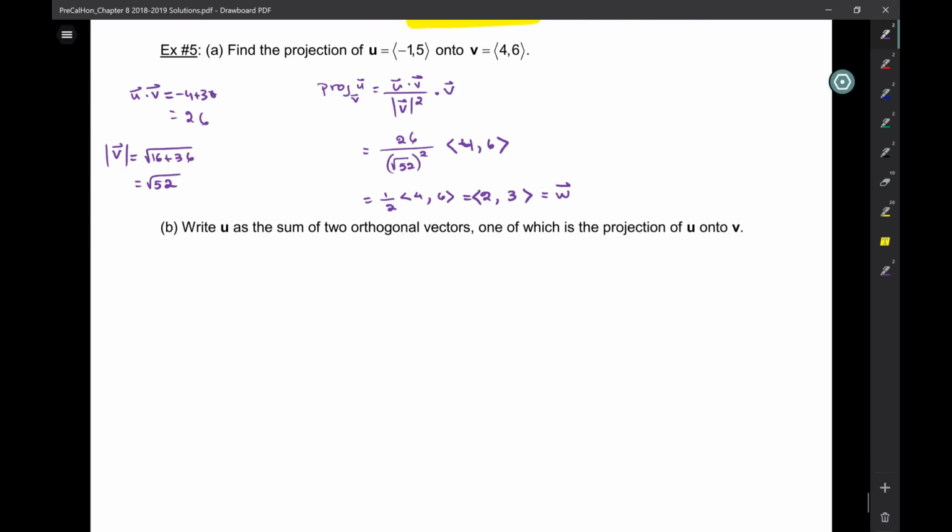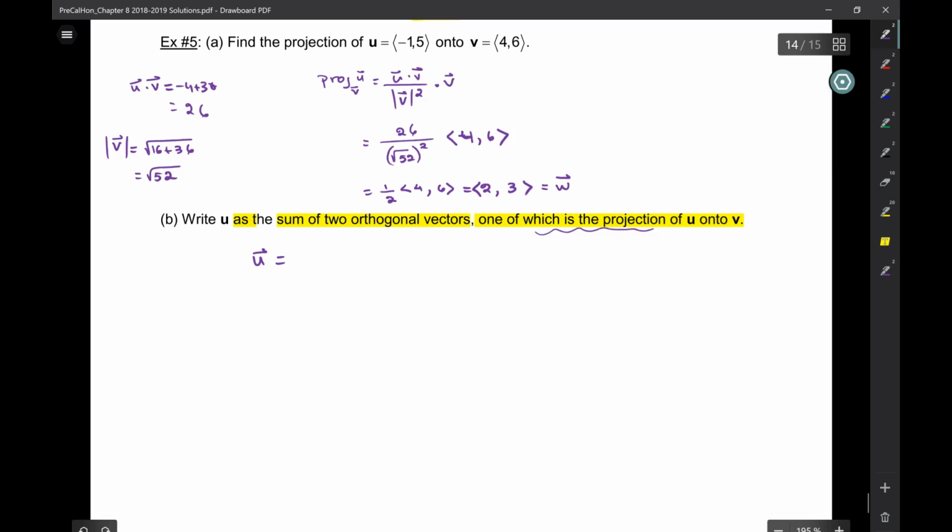Okay, now look at what this says. Write U as the sum of two orthogonal vectors, one of which is the projection of U onto V. So what I have to do is write U as the sum of two vectors. So I have to write U as something plus something else.